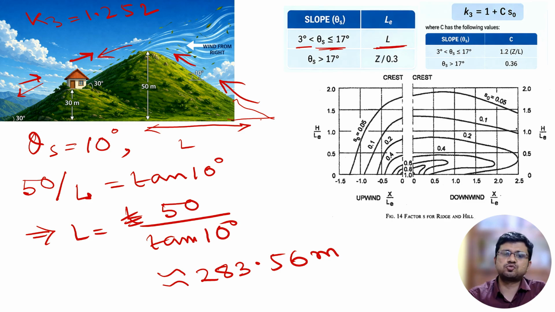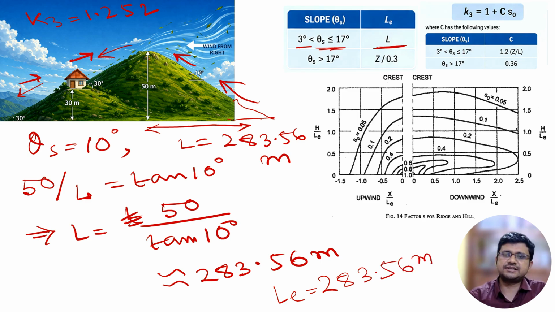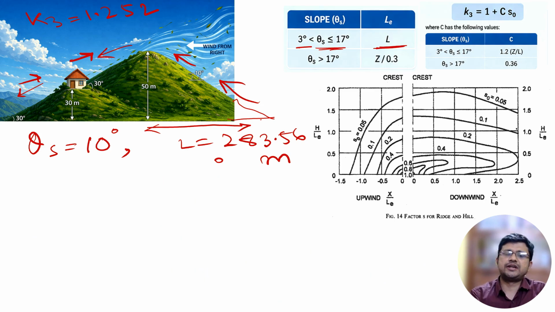So L equals 283.56 meter. And we know that when the ground slope is in between 3 to 17 degree, at that time LE will be equal to L. So LE will also be 283.56 meter.